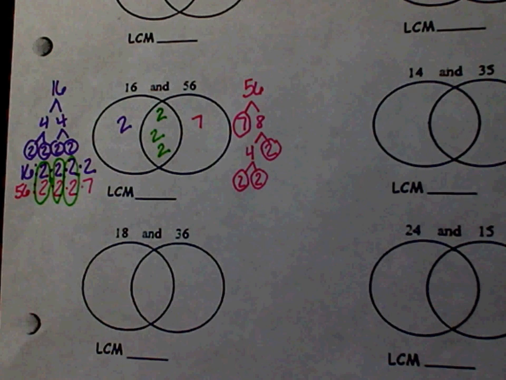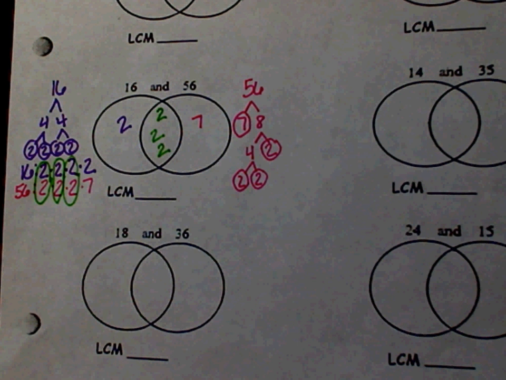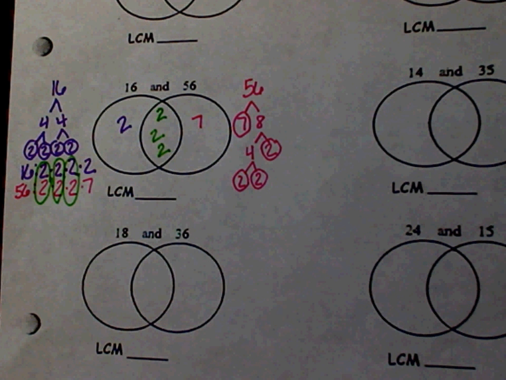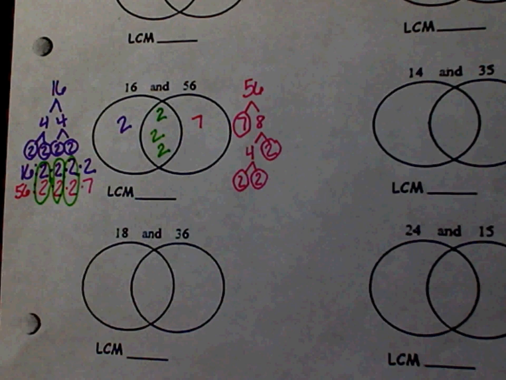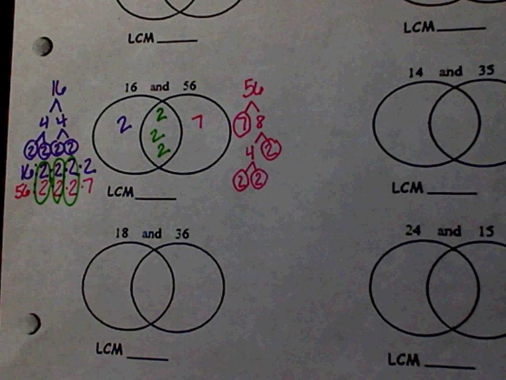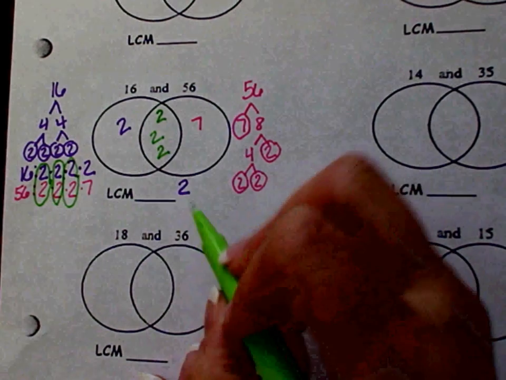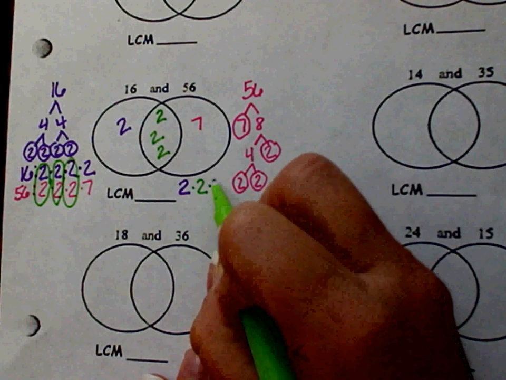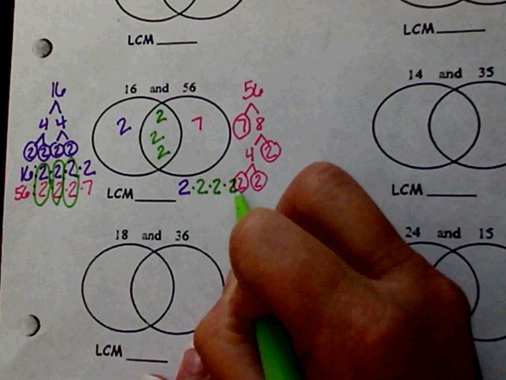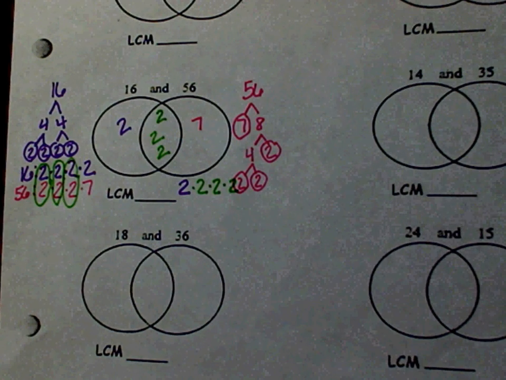Now for LCM, since we're finding multiples, we're going to multiply all those numbers together. So what would that look like? You're going to multiply 2 times 2 times 2 times 2, and I'm running into my other ones, times 7.